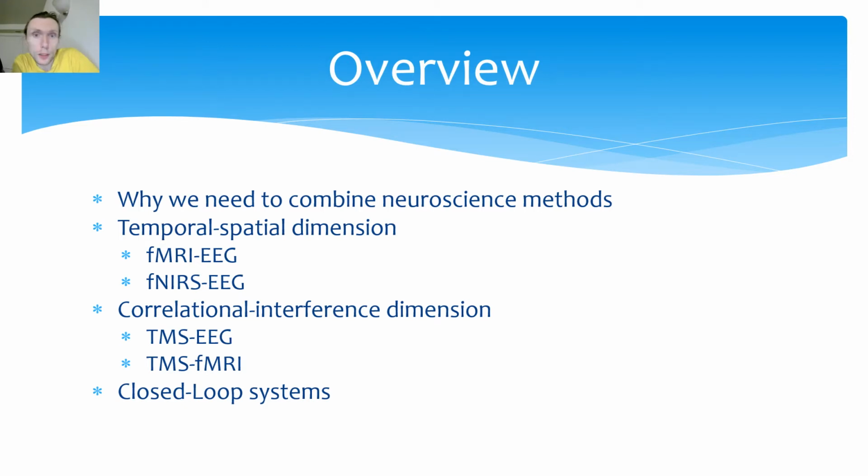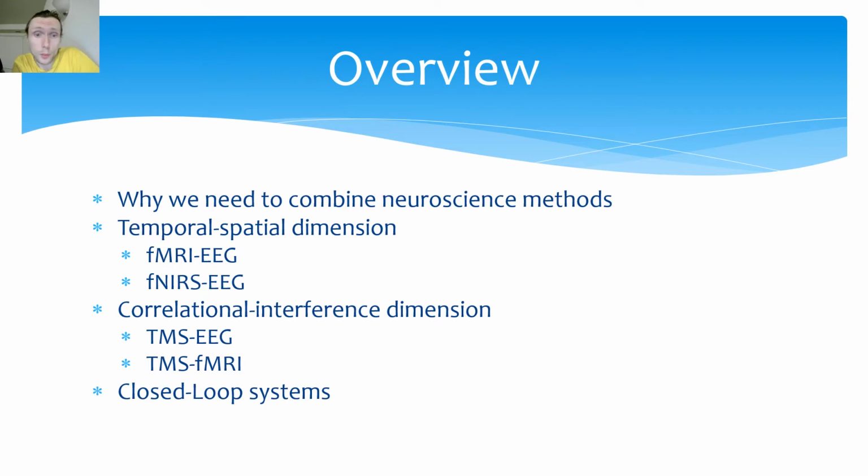First of all, I will be talking about why we want to combine neuroscience methods, why that would be a good idea to combine them at the same time rather than just sequentially, what the advantages are, and what the problems with that are. And then I will go through some various examples of combined neuroscience methods.